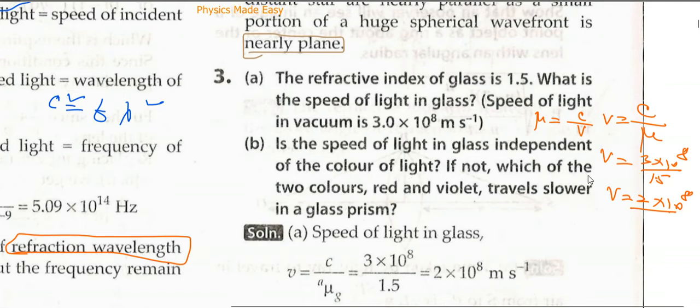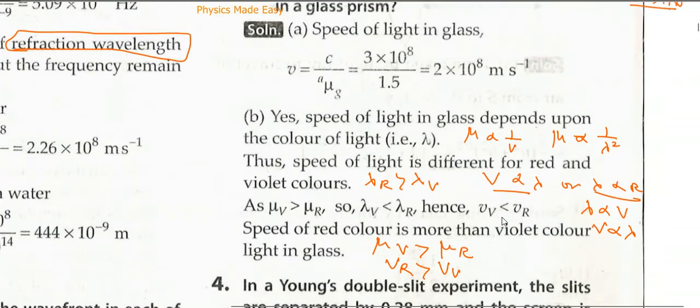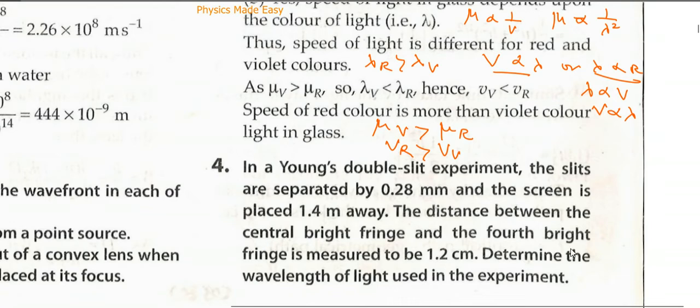No. If not, which of the two colors, red or violet, travels slower in glass prism? So red will travel slower? No. Violet will travel slower.